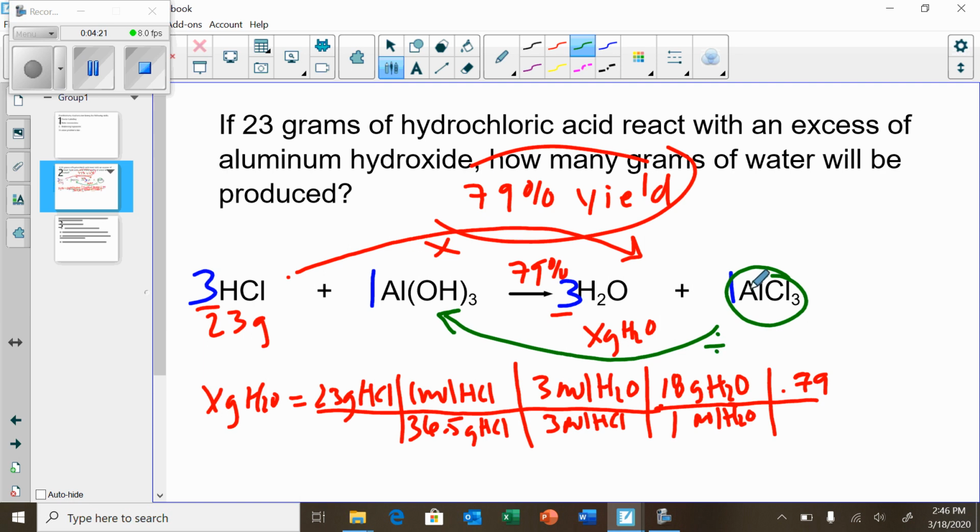So if I was going from aluminum chloride back to aluminum hydroxide, then instead of this 0.79 on top up here, I would have 0.79 on the bottom down here, and I'd be dividing by 0.79. But in fact, that's not what we're doing, so in order to avoid confusion, I'm just going to erase that.